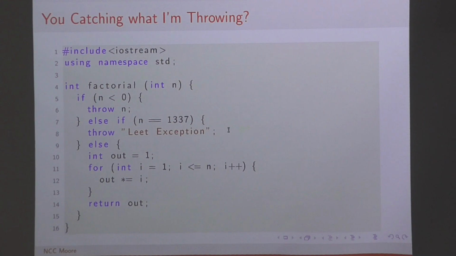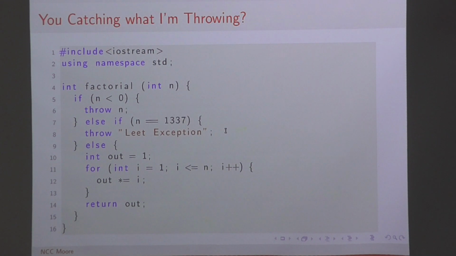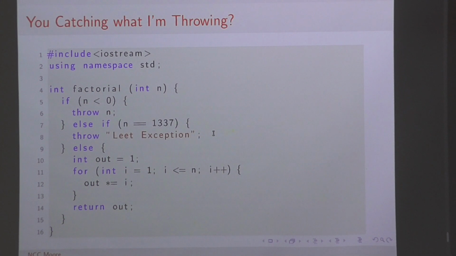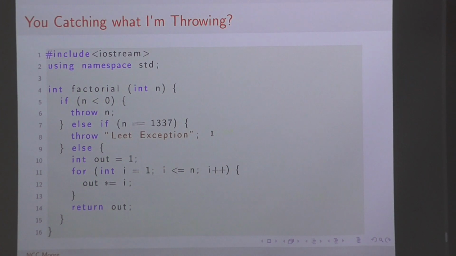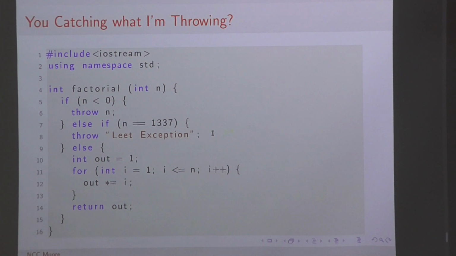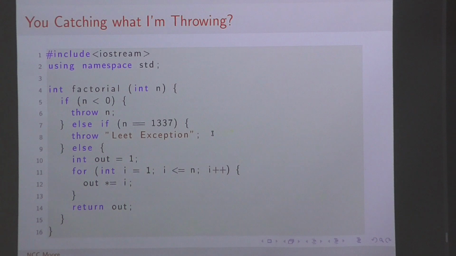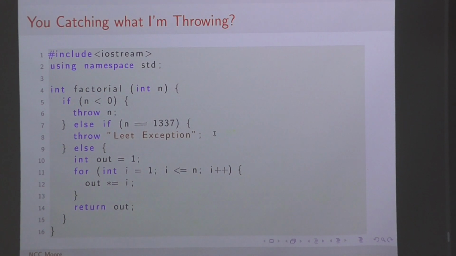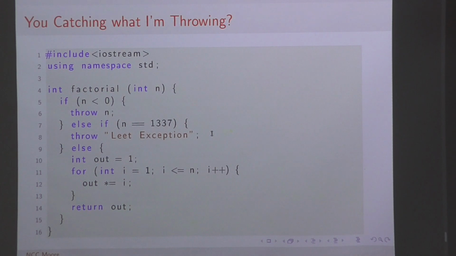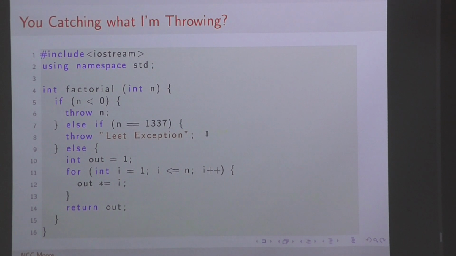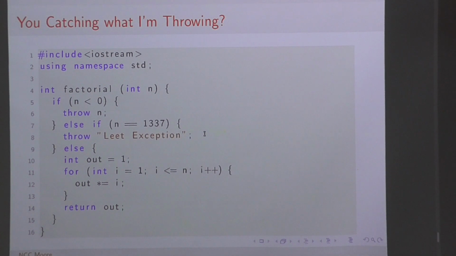So this is the difference between a throw and a return. A throw is kind of like an all-functions return. If this were a recursive implementation of factorial, an exception occurring at any time in the recursive calls will smash through all of the recursive calls all the way through until it hits a try catch, unless it doesn't hit a try catch, in which case it will crash your program.